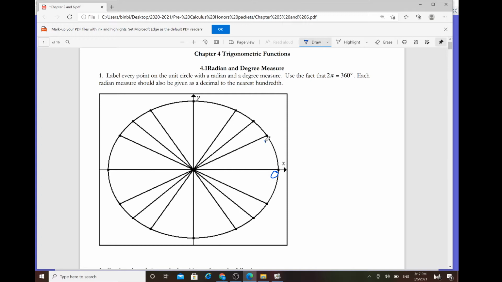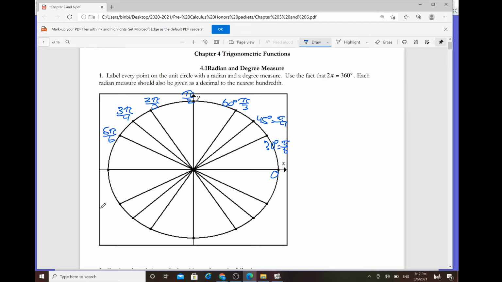So 30 degrees is pi over 6, and 45 degrees is pi over 4. This is just the basic reference. Then up here is pi over 3, 60 degrees. The rest would be pi over 2, 2 pi over 3, 3 pi over 4, and 5 pi over 6.